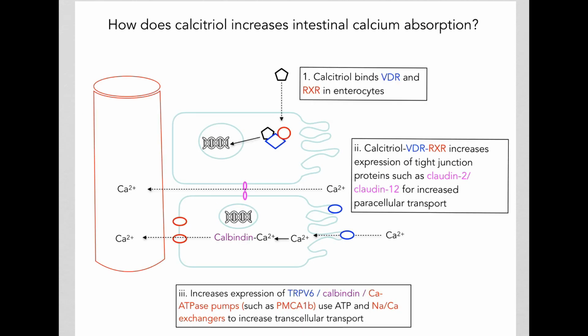How does calcitriol increase intestinal calcium absorption? Well, the calcitriol will bind the VDR and the RXR in enterocytes.